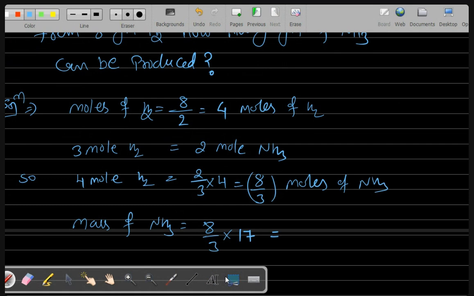It's going to be 45.3 grams. 136 over 3, correct. 45.33.